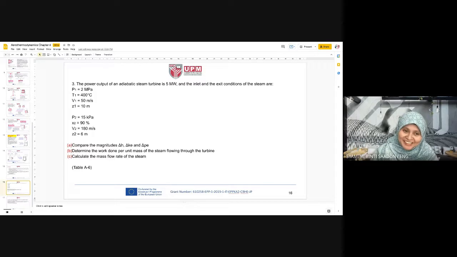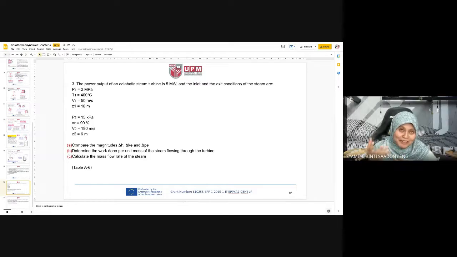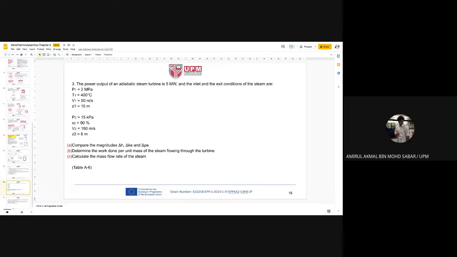Compression, which device? To compress you use what? If you want to compress, what do you use? What is the device that you use to compress gas, fluid? Compressor.